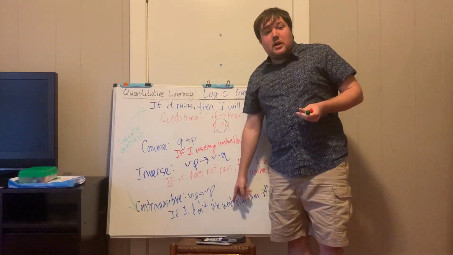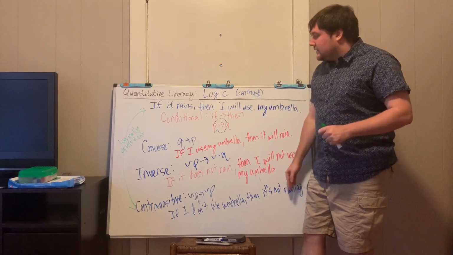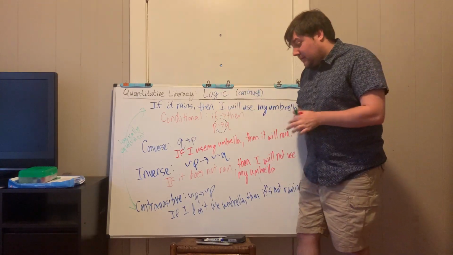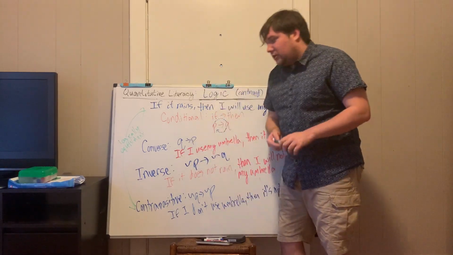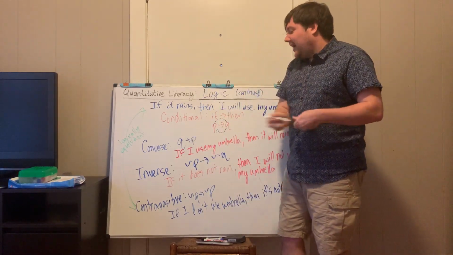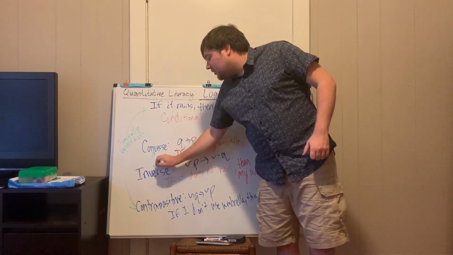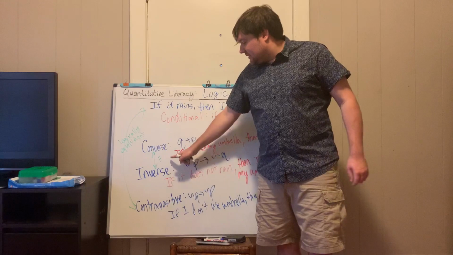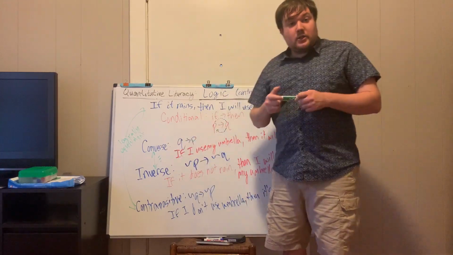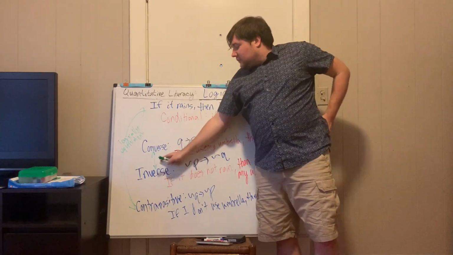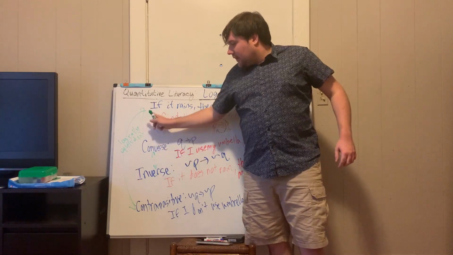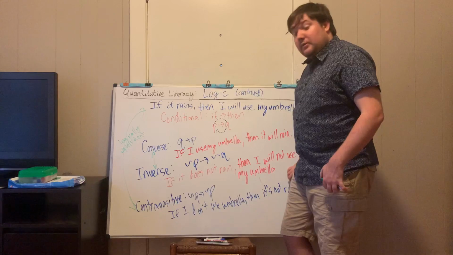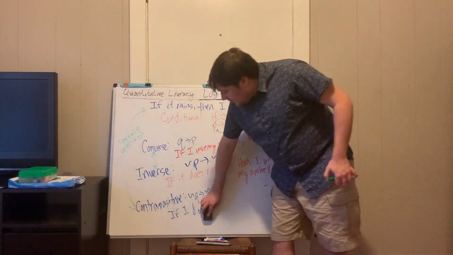If I'm not using my umbrella, then it certainly isn't raining, because I've already said for myself, raining implies that I've used my umbrella. Those things are logically equivalent. In the same way, the converse and inverse are logically equivalent. You often see these three lines for logically equivalent. So the converse and inverse are logically equivalent, and the conditional and the contrapositive are also logically equivalent.